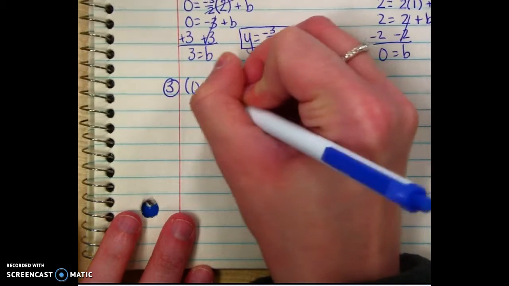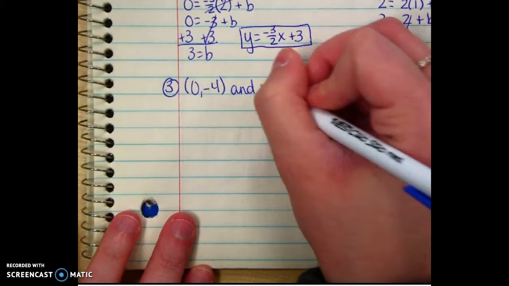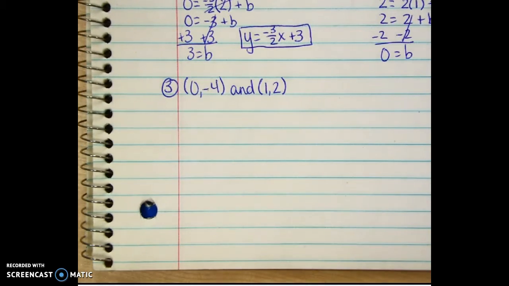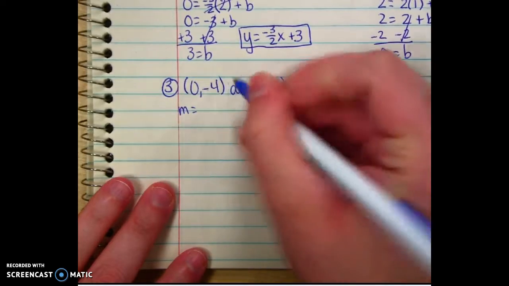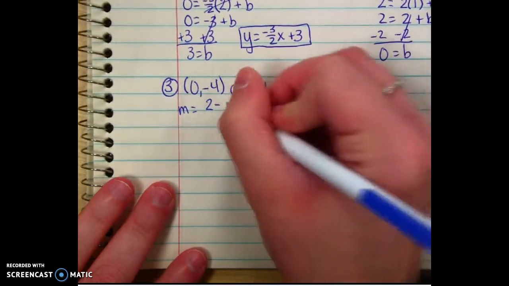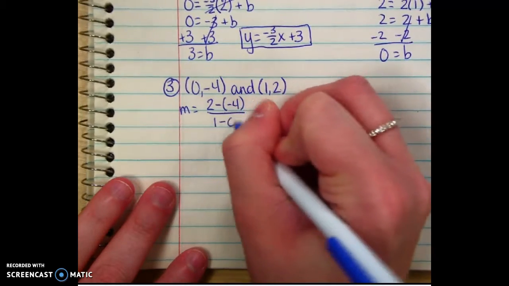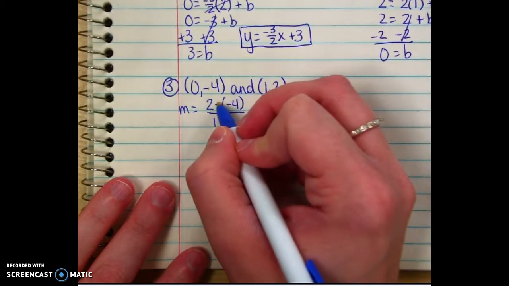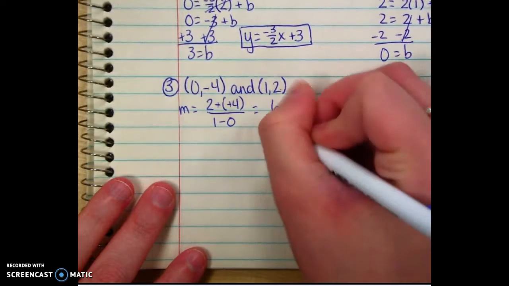0, -4, and 1, 2. Okay, so hopefully you know the routine by now. First, find the slope. So 2 minus -4 over 1 minus 0. 2 minus -4 changes it to 2 plus 4, which is 6 over 1.